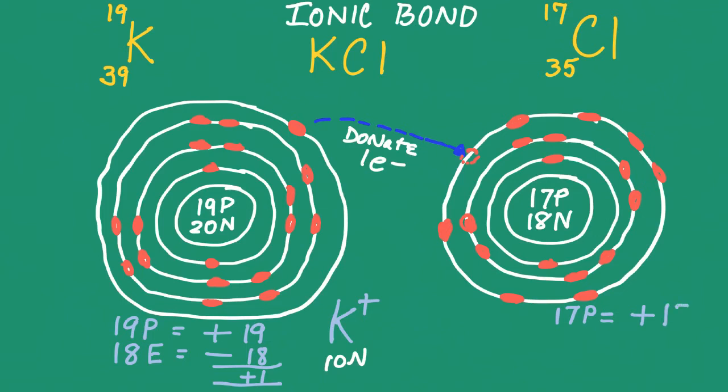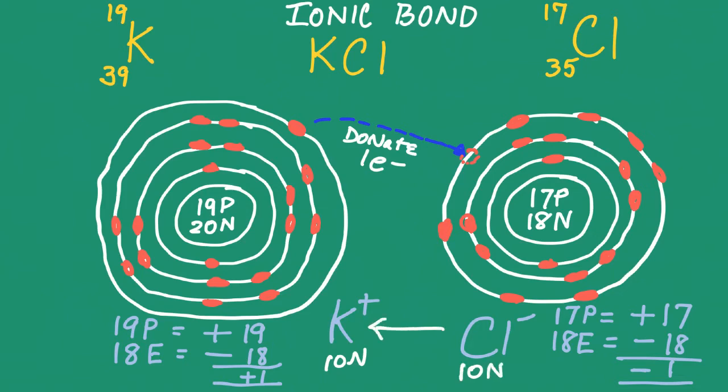Chloride, on the other hand, has become negative because it has received an electron and received an extra negative charge. So chloride ion and potassium ion, opposites attract, and they form potassium chloride, and this is held together by an ionic bond.